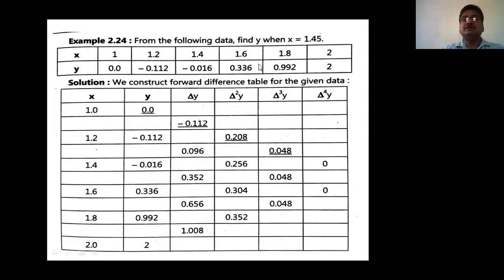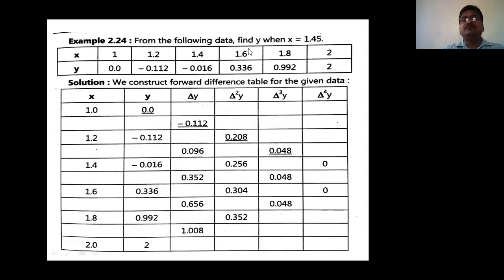That is the problem of interpolation. And the values of x are equidistant. Between 1 and 1.2, the distance is 0.2. Between 1.2 and 1.4, the distance is 0.2. Similarly, the distance between each two values of x is 0.2, so the values of x are equidistant.